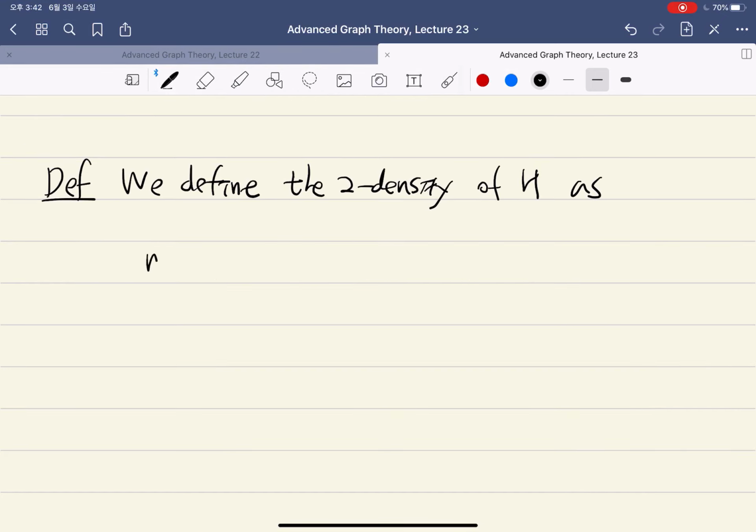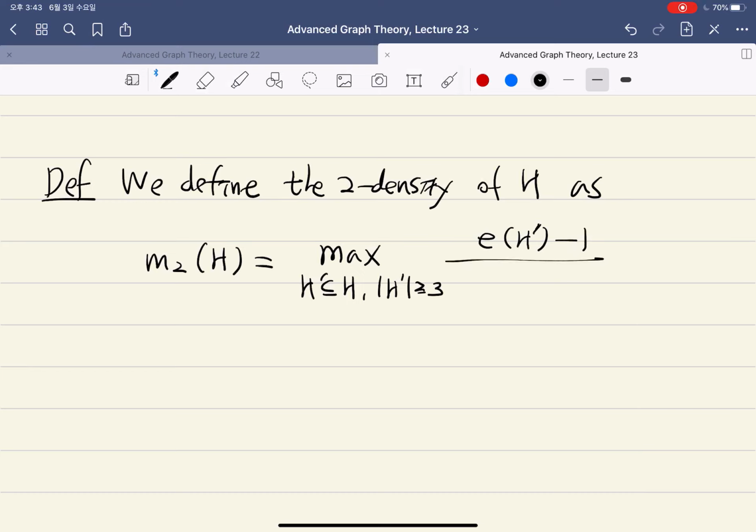Let's say the 2-density of graph H is the maximum over all subgraphs H prime, where this H prime has at least 3 vertices, of the number of edges in H prime minus 1, divided by the number of vertices in H prime minus 2.